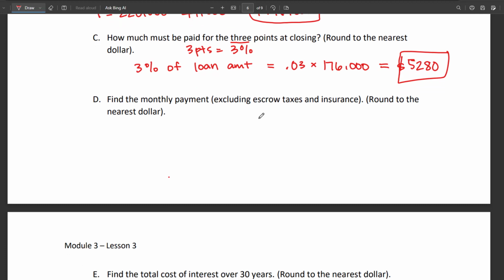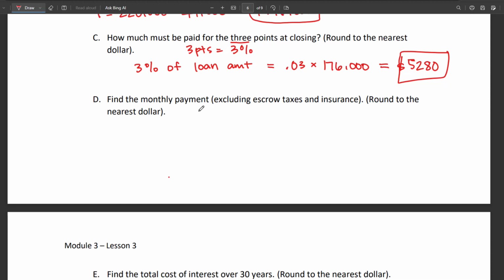All right, find the monthly payment, excluding escrow, taxes, and insurance. Another thing that financial institutes will do is escrow your property taxes and the insurance. Anytime you get a loan for a house, the company you're getting the loan from wants to make sure that you have insurance and that you're paying your property taxes. So sometimes, to make sure that you're doing that, they will include your property taxes and your insurance as part of your monthly house payment.